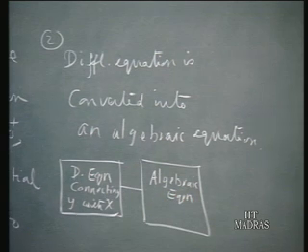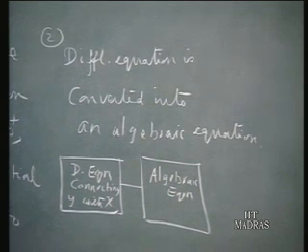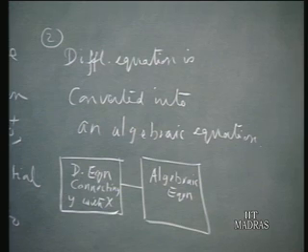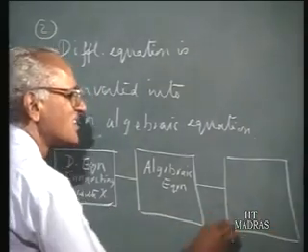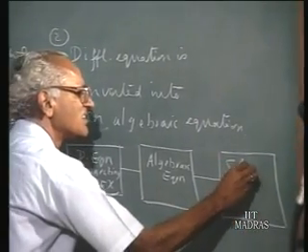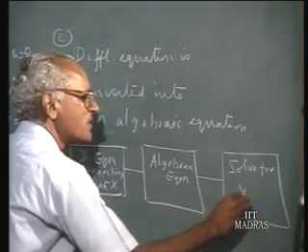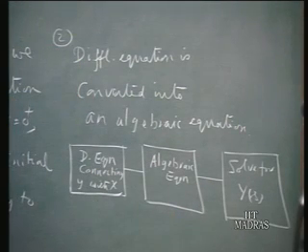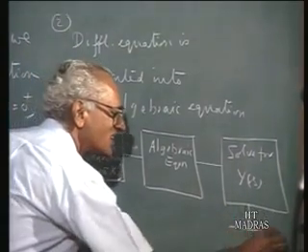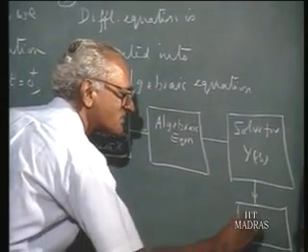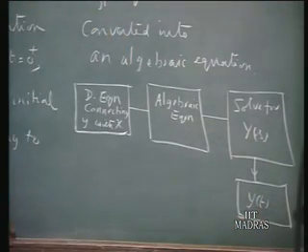Here in the algebraic equation, the terms are the Laplace transforms of the output, y of s, and the input, x of s. From the algebraic equation, you solve for the Laplace transform of the output quantity, y of s. In this case, the current is the output quantity, so we have solved for I of s. And once you have got that, you find the inverse Laplace transform and then get y of t. So these are the four steps that are involved.